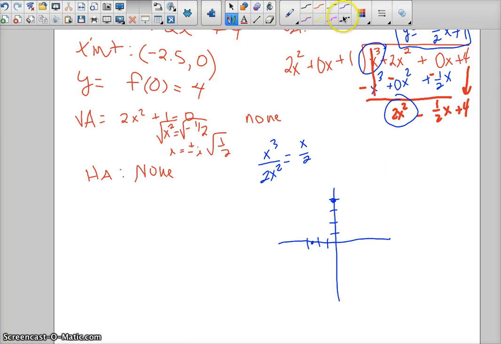So to sketch that slant asymptote, we'll begin with the y-intercept of 1, and then our slope is rise over run, up 1 over 2, up 1 over 2, and so on and so forth. Down 1, left 2, down 1, left 2. All right, let me draw that slant asymptote.